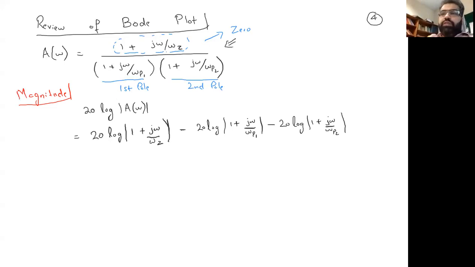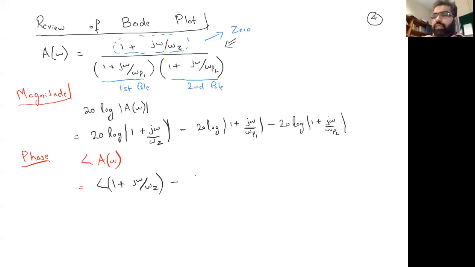And what about the phase? For the phase, we can write angle of 1 plus j omega by omega z, minus, again for our denominator we will use the minus sign, angle of 1 plus j omega over omega p1, minus angle of 1 plus j omega over omega p2.